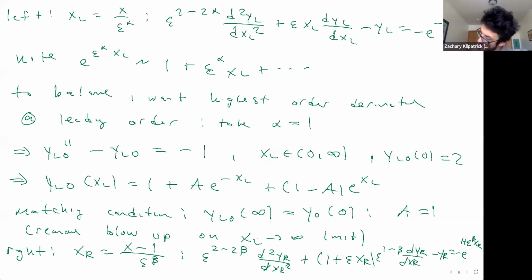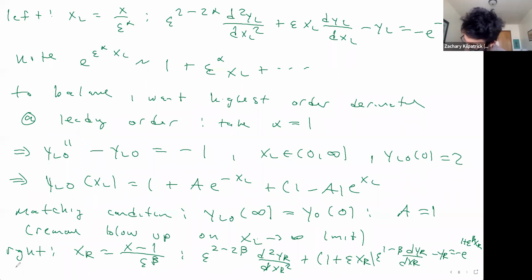All right, so what's the distinguishing limit here? If I take beta equals 1, then this term's going to be of order 1. This term's going to be of order 1, so I'm going to retain the 1 part of this term. This term's going to be of order 1, and the leading order expansion of the exponential is going to be of order 1.